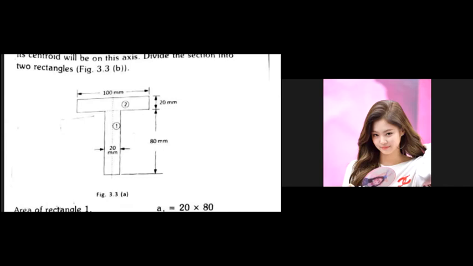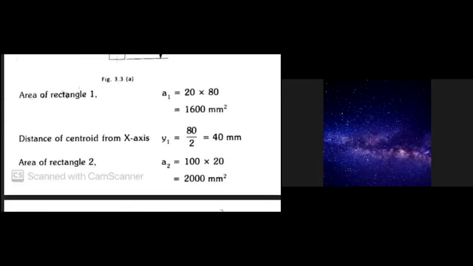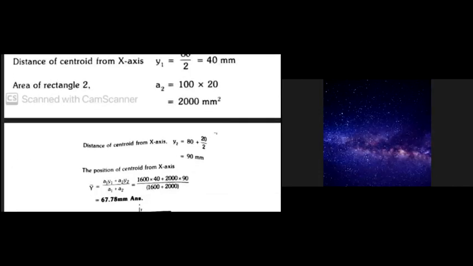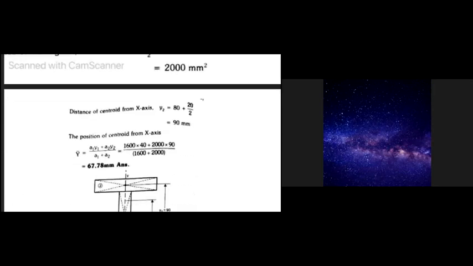This rectangle lies at a distance of 80 mm from the bottom of the composite section. So y2 equals 80 plus 20 by 2, that is 80 plus 10, we get 90 mm. This is y2.